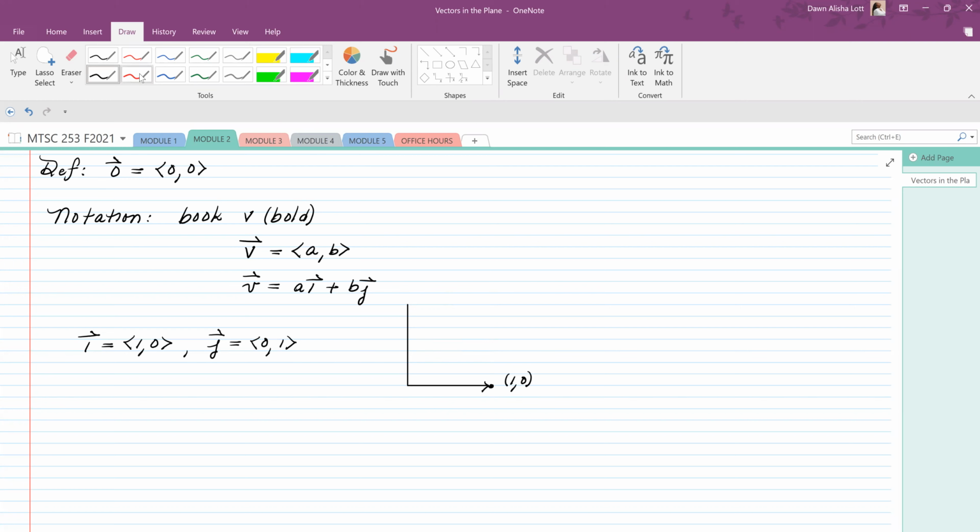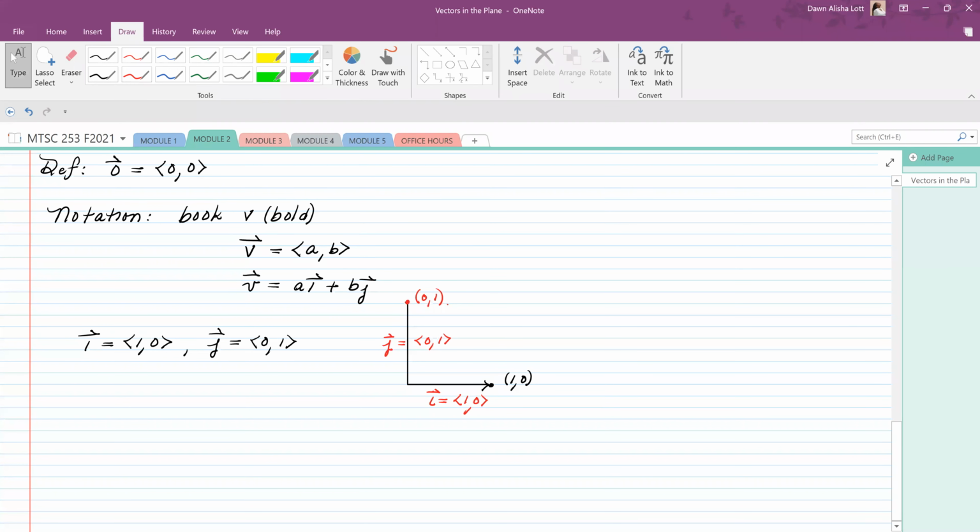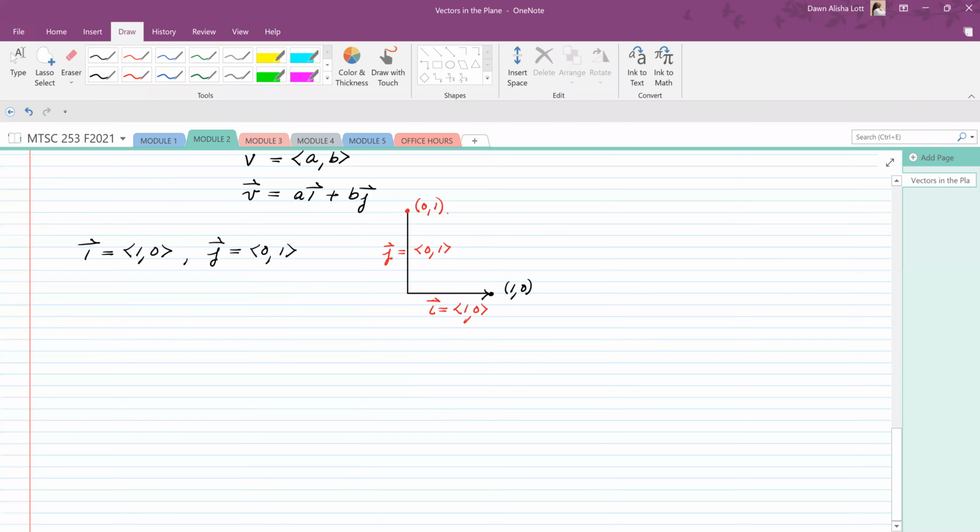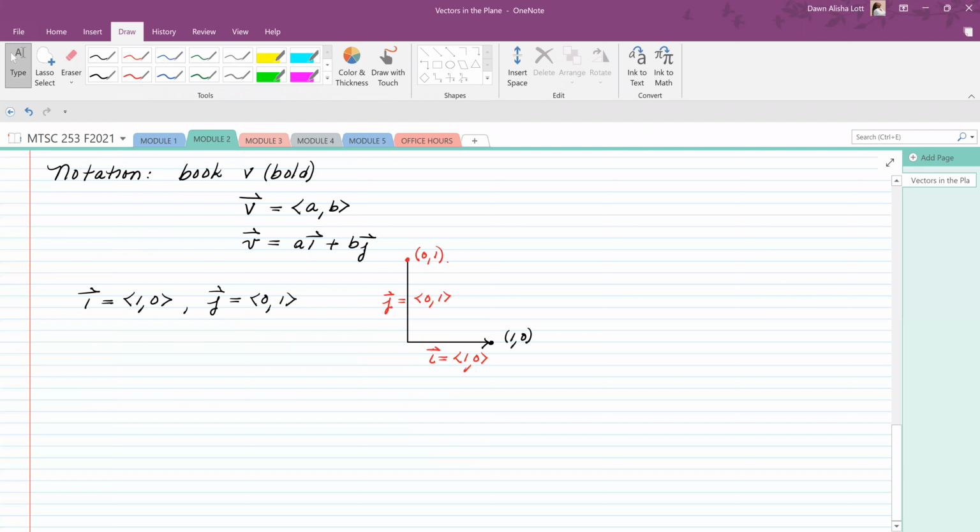So this is the vector I, and it is 1, 0. And then this is the vector J. And J is the vector 0, 1, because this is the point 0, 1. Okay.